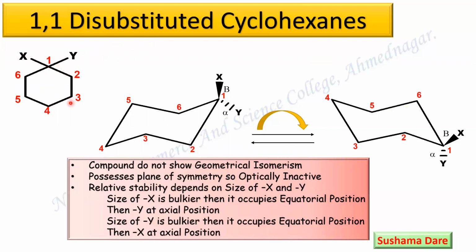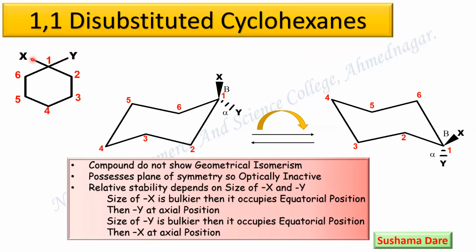As we already discussed, the 6-membered ring is stable in chair conformation, so we have drawn the chair conformation here. When you draw a chair conformation, always remember, first of all, you draw two parallel lines, that is the 5-6 bond and the 2-3 bond. These two lines have to be parallel, and then you complete the chair with carbon 1 in the upper direction and carbon 4 in the lower direction.